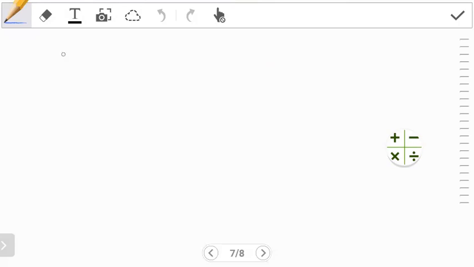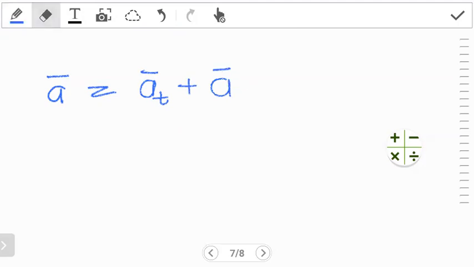These components: the first one, we've already seen, is the tangential acceleration. Plus, the second one is going to be the radial acceleration. Now, this radial acceleration, we mostly talk about it in terms of the centripetal acceleration.